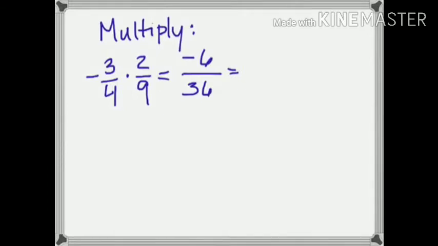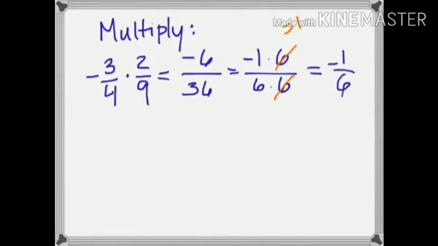So I can rewrite this as -1 times 6 over 6 times 6, and then use the identity property to cancel out these 6's because 6 over 6 equals 1. And then my fraction equals -1/6.